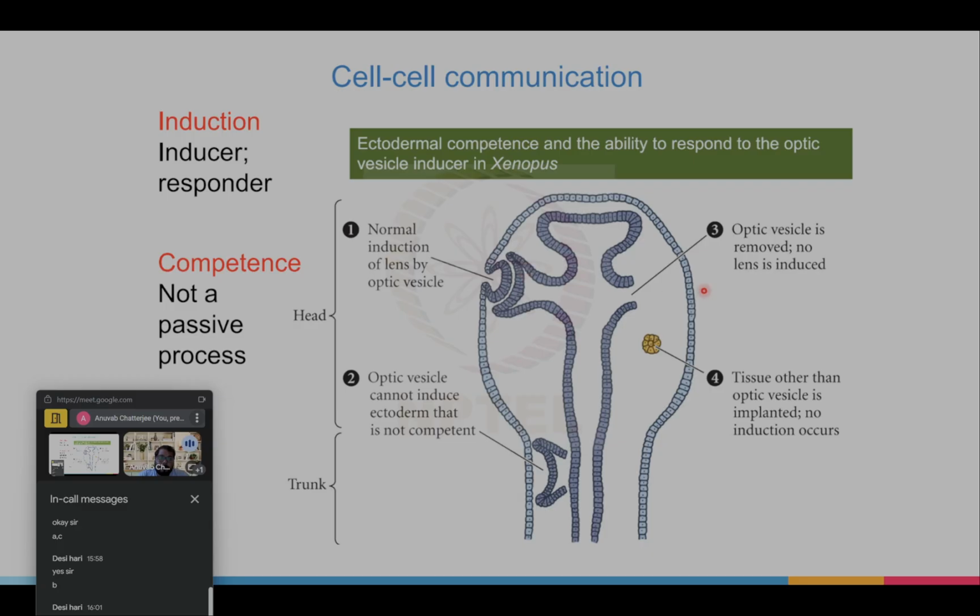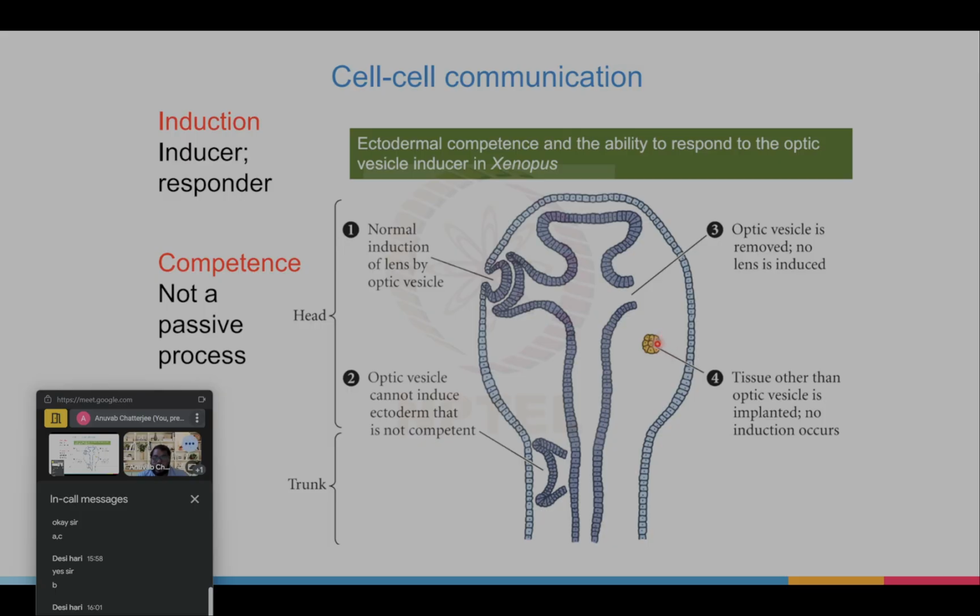And they also confirmed this with a final experiment in which they took a tissue which was not an optic vesicle from elsewhere in the embryo and transplanted it near this lens-forming surface ectoderm, and they saw that the lens did not form. So obviously in this case there was no inducer present again. It was as if the optic vesicle is not there and no other tissue can replace its function.